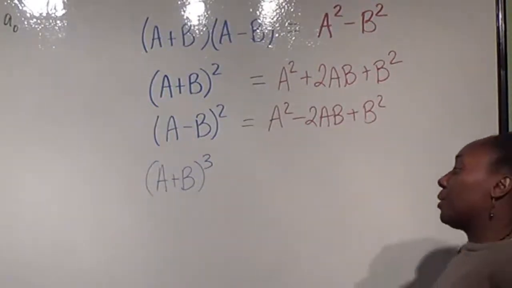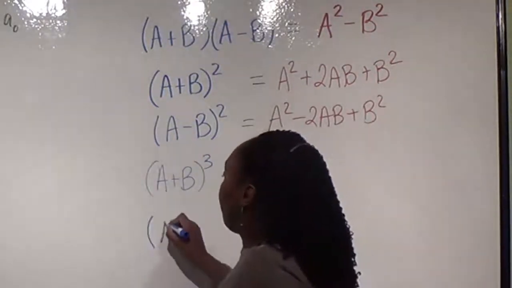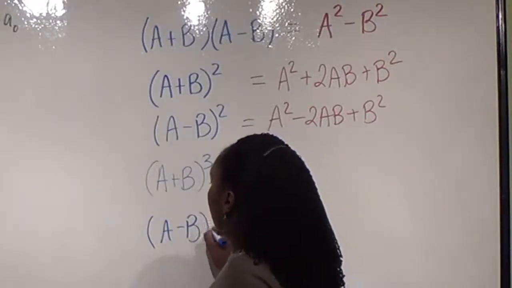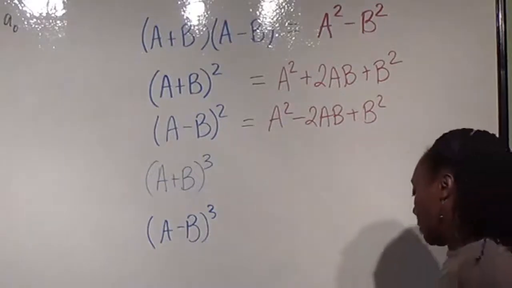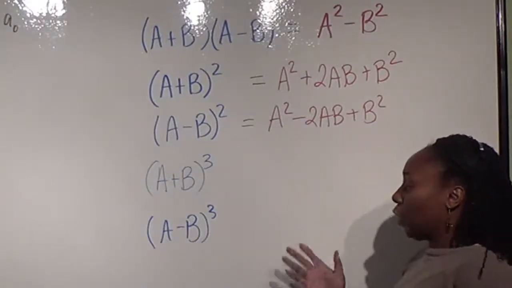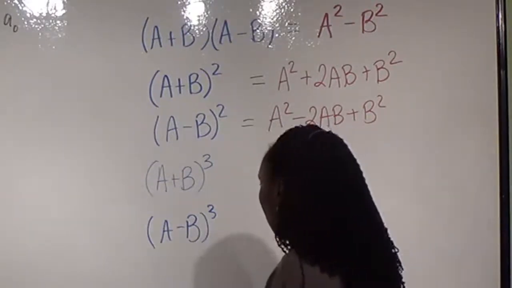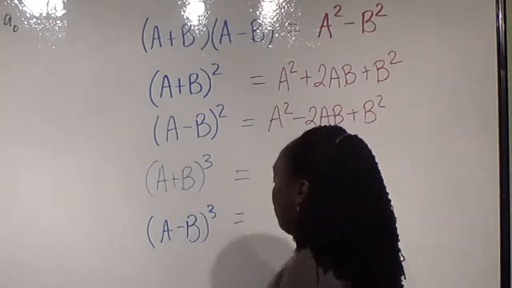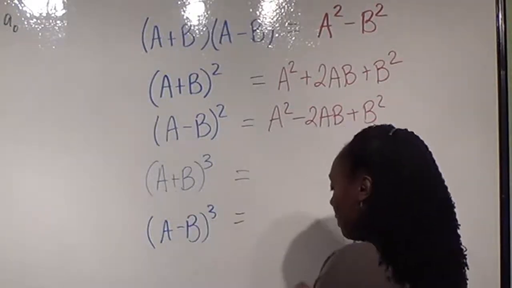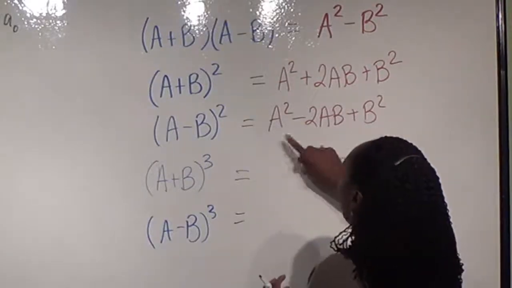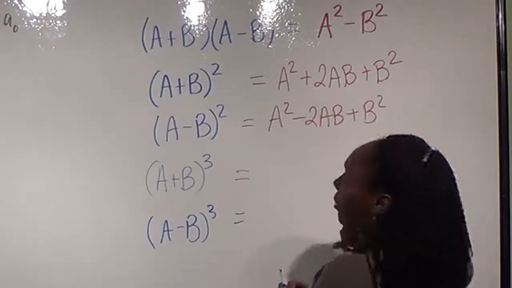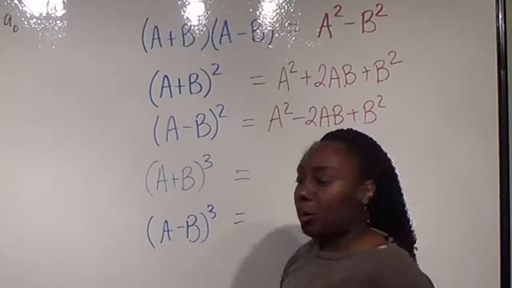And another set of products that you're going to want to know, and I'm going to write these together because, again, they work similarly to the A plus B squared and A minus B squared, except now I've got cubes on them. When I multiply out, with the positive, things accumulate in a nice pattern. So this pattern that we got here, 1, 2, 1, for these, there's a similar pattern for the cubes.